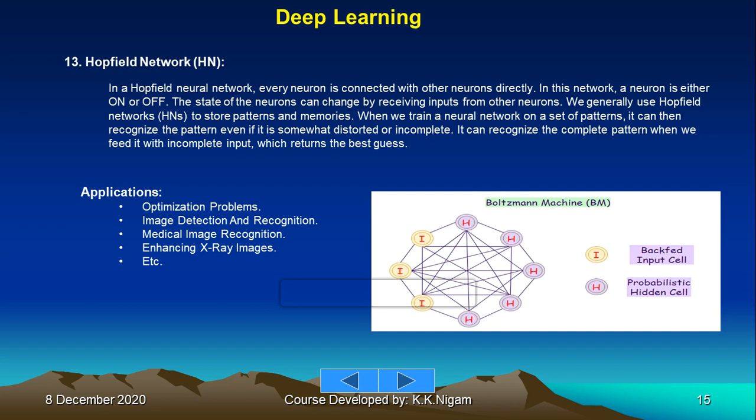When we train a neural network on a set of patterns, it can then recognize the patterns even if they are somewhat distorted or incomplete. It can recognize the complete pattern when we feed it incomplete input, and it returns the best guess. Applications: optimization problems, image detection and recognition, medical image recognition, enhancing X-ray images, etc.